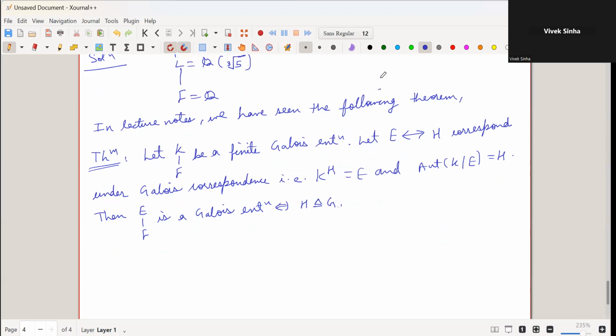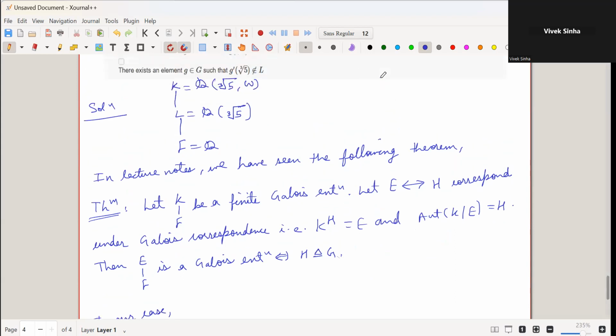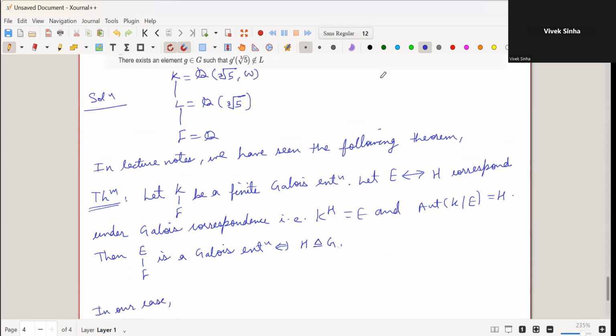So how can we use this in our case? In our case, we have K, L, and F. Let me just draw this again. I should not have erased it.